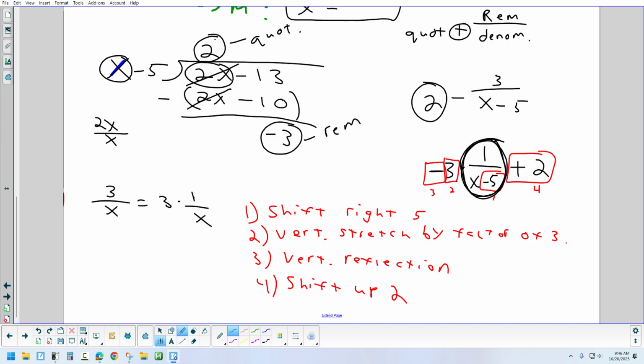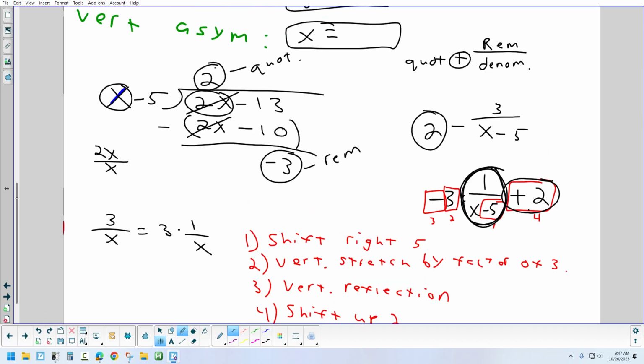Still pretty close to 0, yep. And then if you take something that's still pretty close to 0 and add 2 to it, then it's pretty close to 2. So this is the number that is going to affect your horizontal asymptote. It's the only number you have to look at. And it's y equals 2.